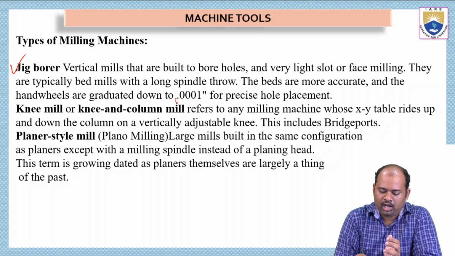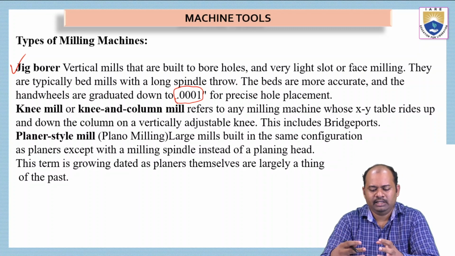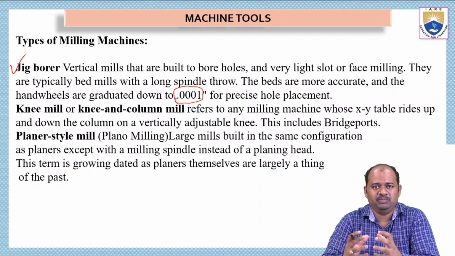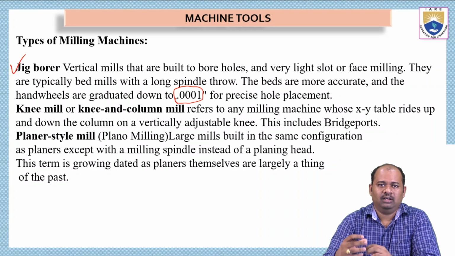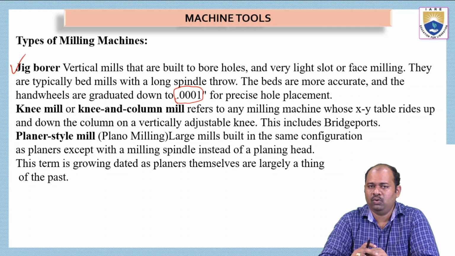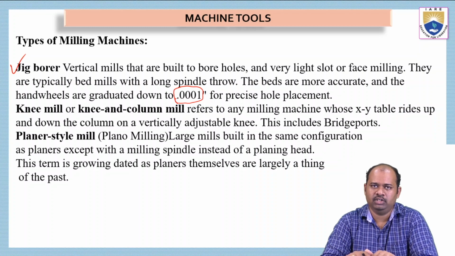See how much precision we can get from this jig borer. 0.0001 means this much higher precision boring can be done on this jig borer. So for getting more accurate bored holes, we can go for this machine.